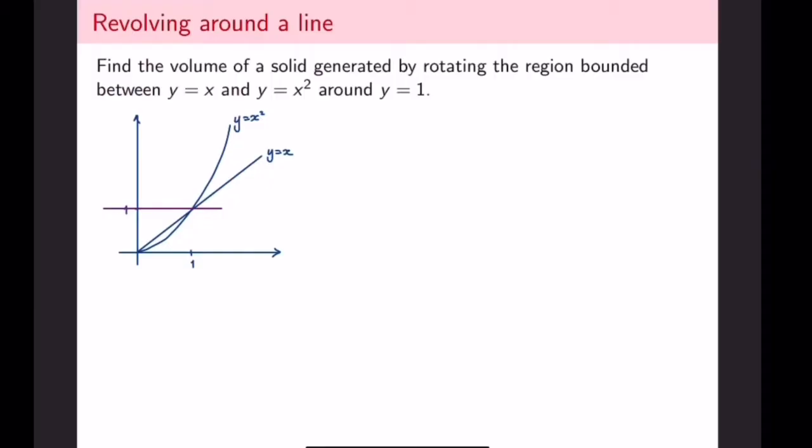Now, thinking about how we rotate this, we're rotating the region bounded between these two curves around this line. So once again, I'm going to draw in the opposite-looking region, where my line is going to get rotated to somewhere like here, and then my parabola is going to get rotated something like this.